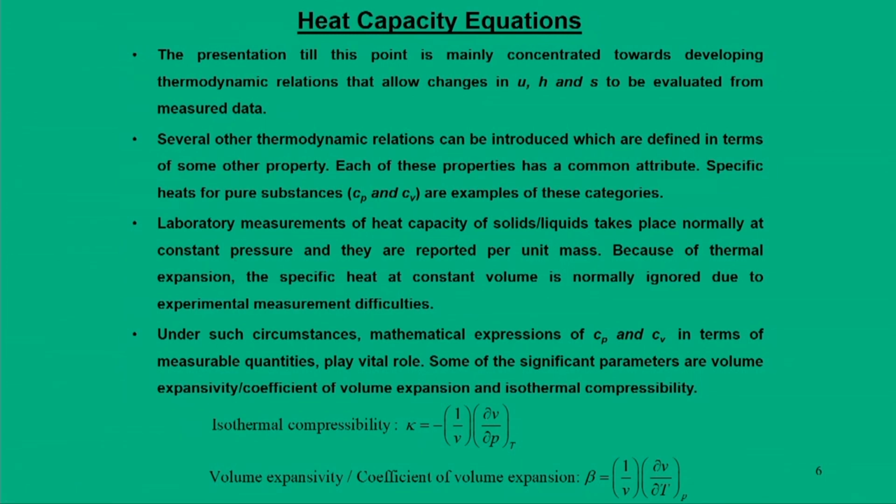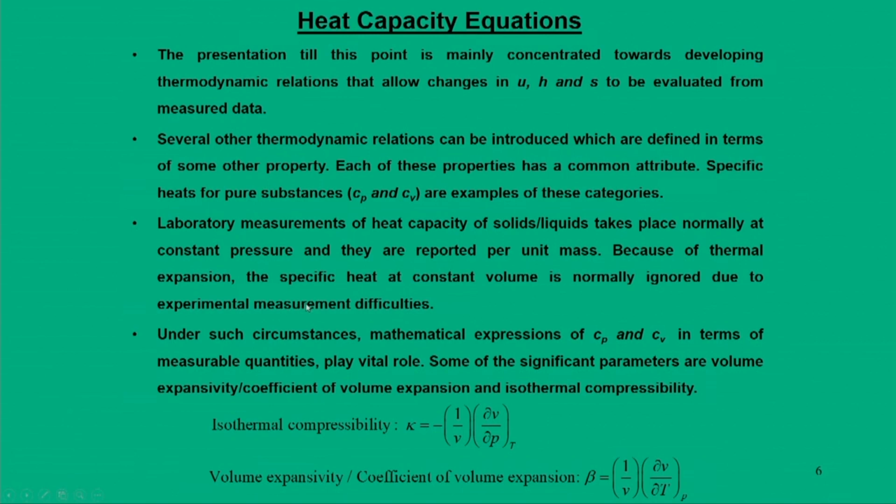So, in fact, when you say the specific heat of water, by default it is assumed that we get the data by keeping the pressure constant, and these laboratory data are reported. But when you go to find the specific heat at constant volume, we normally ignore it, because it is very difficult to maintain constant volume while changing the temperature.